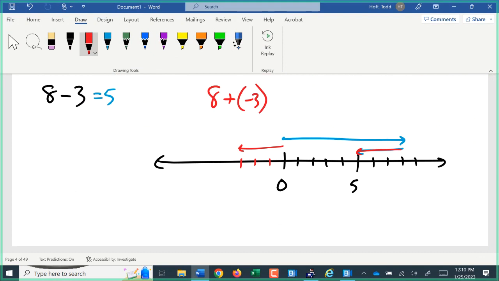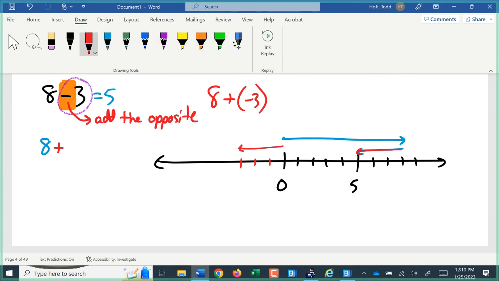Addition's going forward, subtraction's going in reverse. Well, here we see that the symbol for subtraction is actually telling us to do a form of addition. First of all, that symbol acts on the number that comes after it. So the 8 is not affected by that symbol. But the subtraction symbol means add the opposite of this number.